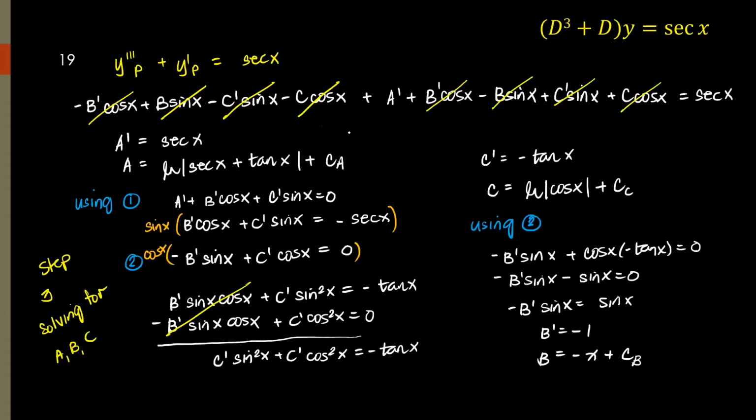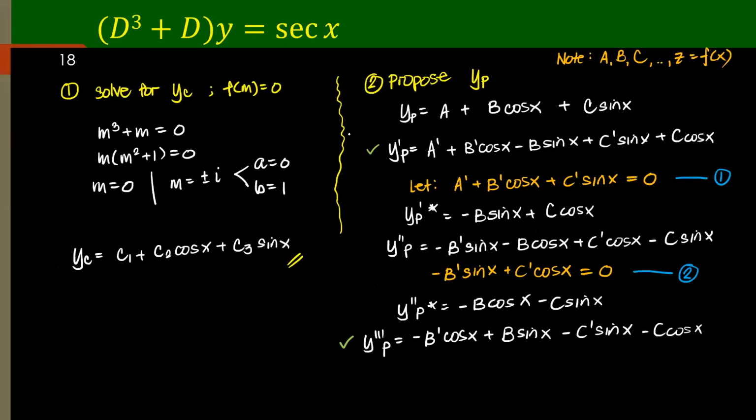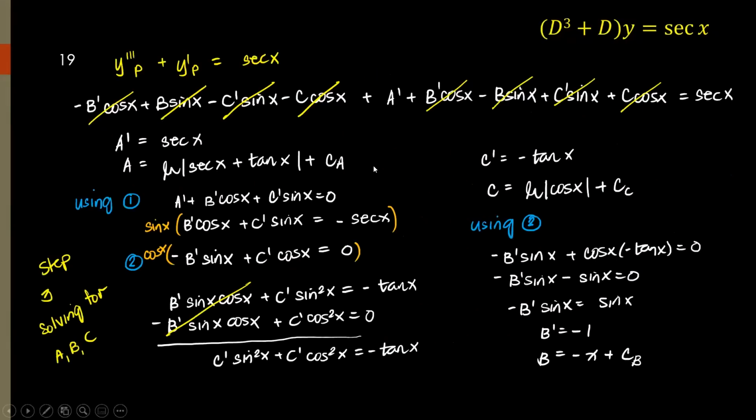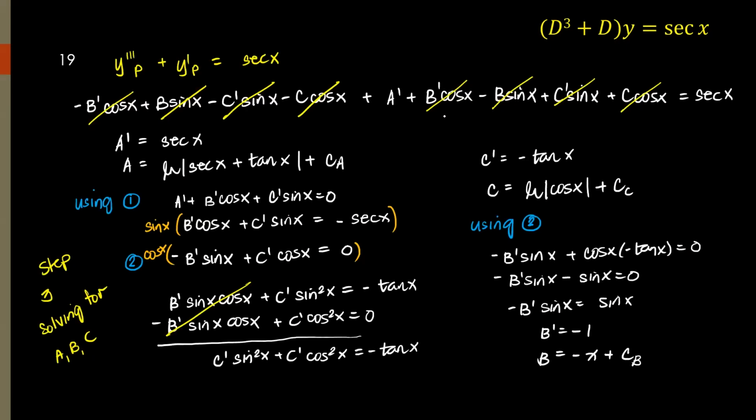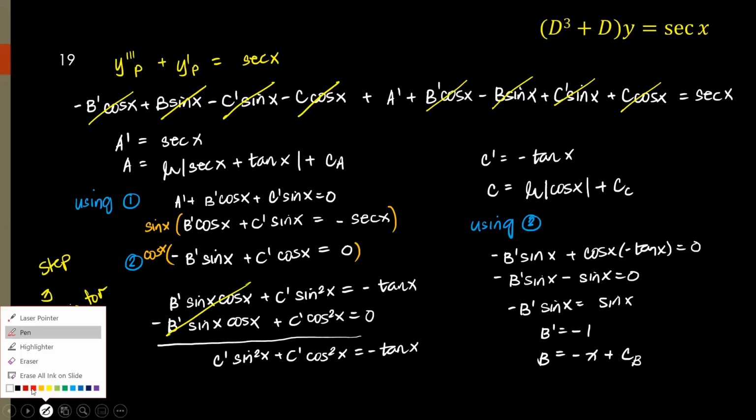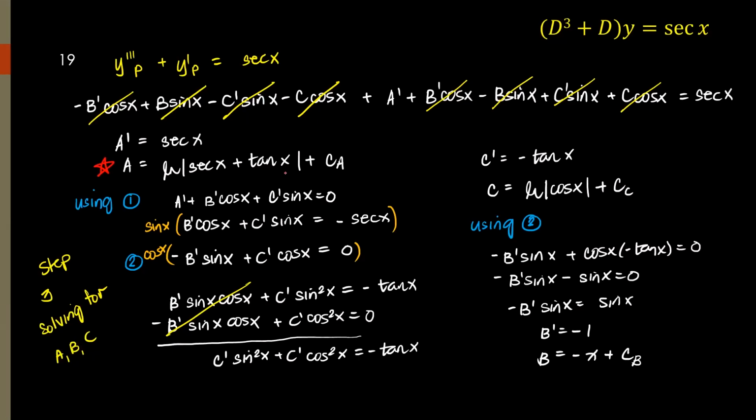Your y sub p is a, but what is your a? You were able to solve for a there. ln secant of x plus tangent of x in here. So I'll just put a star so you can see them immediately, a, b, and c.